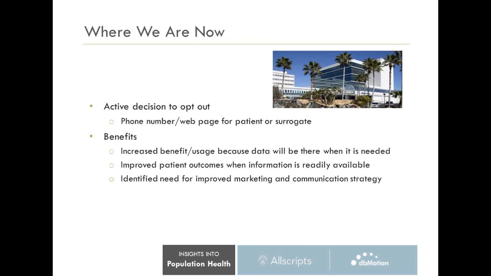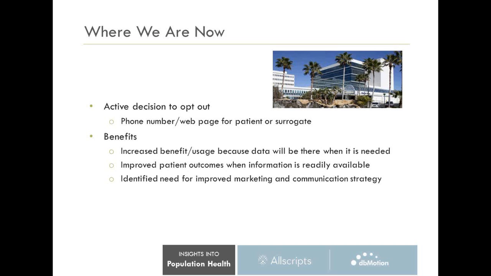So what are we doing now? Once we realized this, we have now changed our strategy, and we are now in an opt-out mode. So the patient has to make an active decision to opt out of the information exchange.